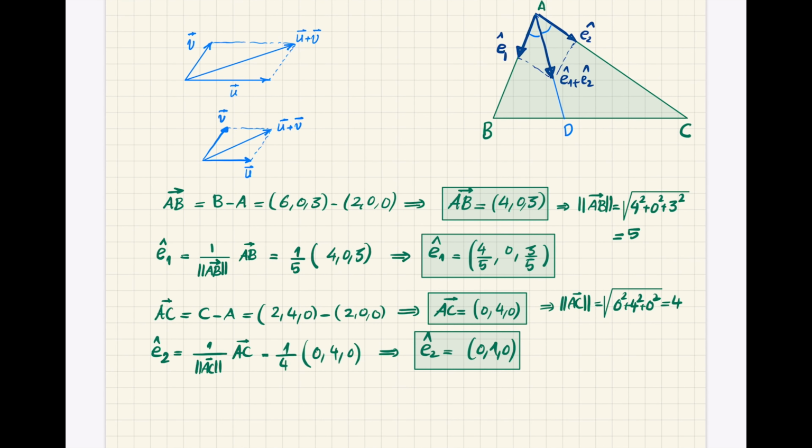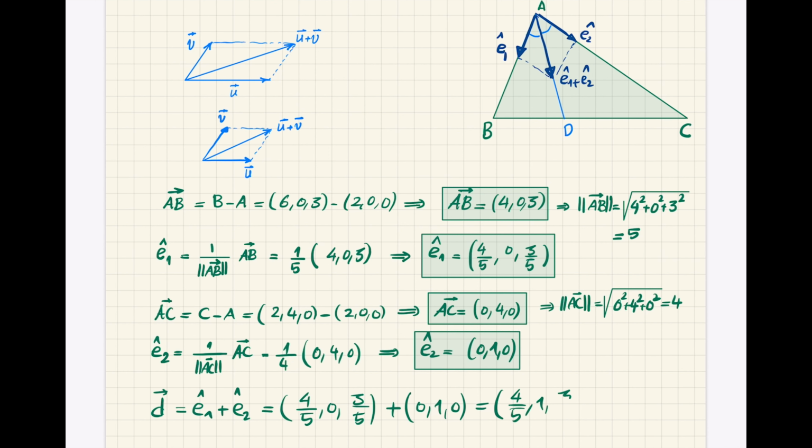So I would say that the direction vector D that I am looking for is nothing except this one. Of course, this is one of the possibilities, but one is enough for me. So then it becomes 4 over 5, 0, 3 over 5, plus 0, 1, and 0. So this becomes 4 over 5 plus 1, and 3 over 5.